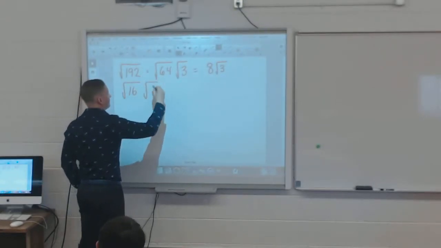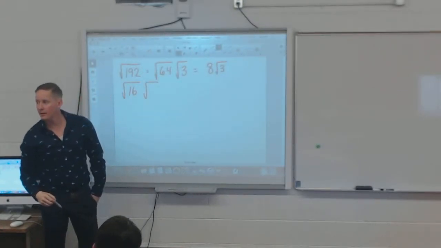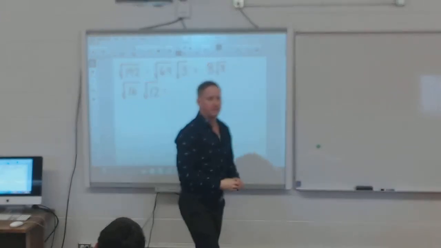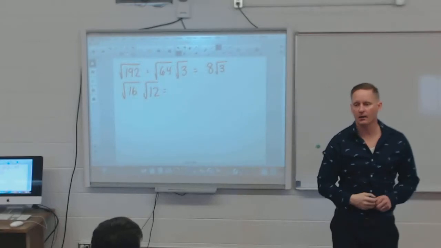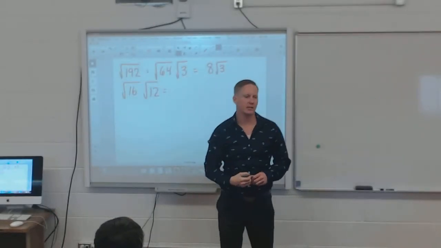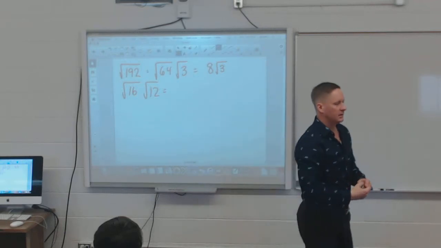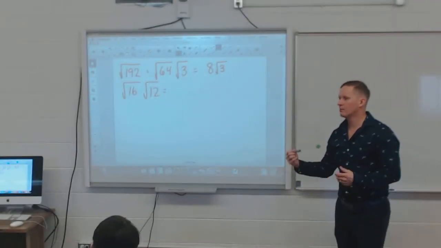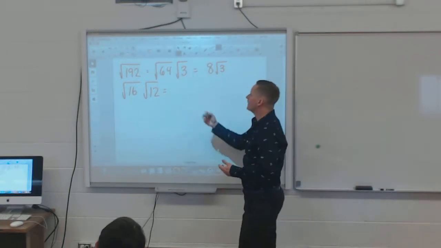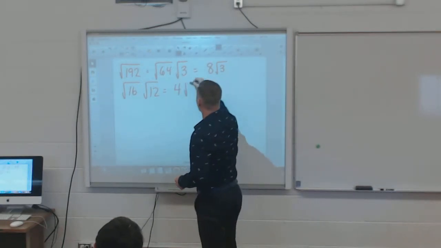What do you get? 12. All right, so that's okay, that's a good start. Again, the point of this would be to not use your calculators, but I understand our skills are lacking when it comes to factors, so you're going to use your calculator a little bit to speed things up. So I get that. So that's 4 square root 12.